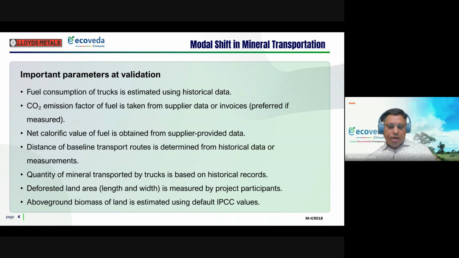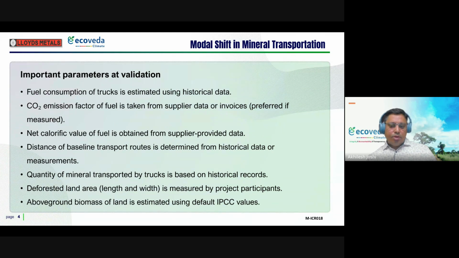And then we have the deforested land area, because when laying the pipeline through difficult terrain, mines are mostly located in remote areas. So there may be some forest area in between which may be impacted while laying the pipeline. Any loss of forest or trees during the laying of the pipeline will be accounted as project emission.